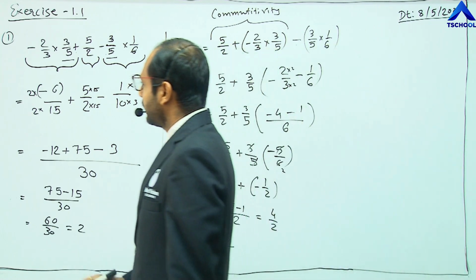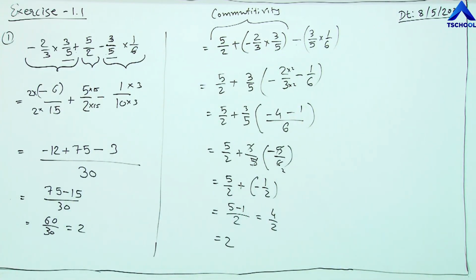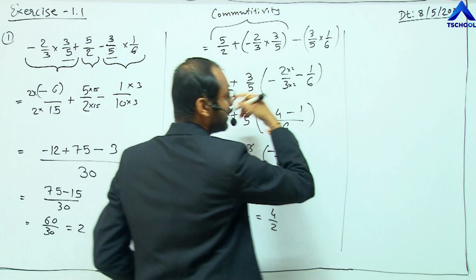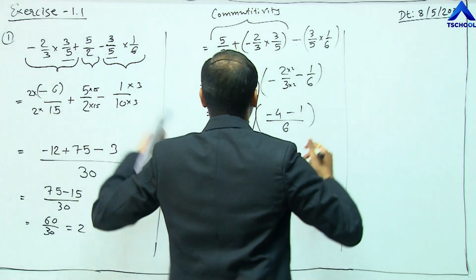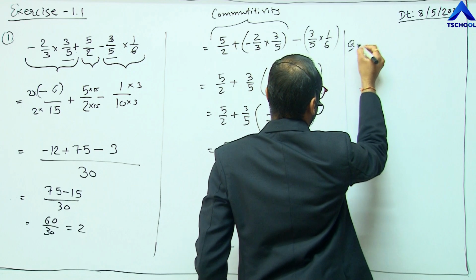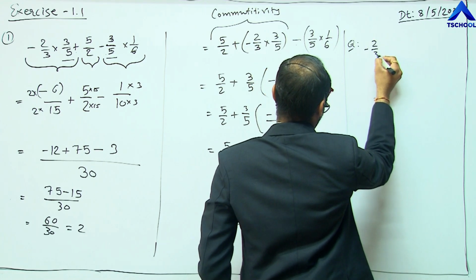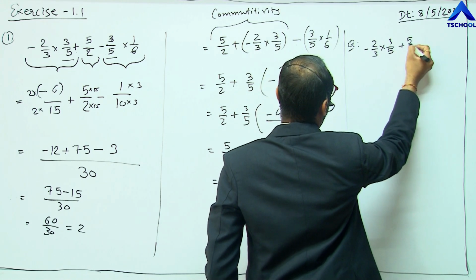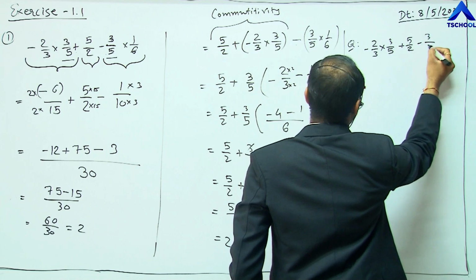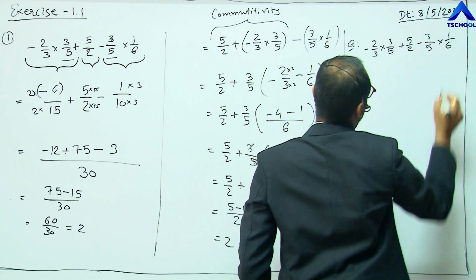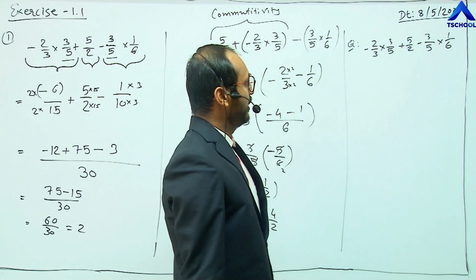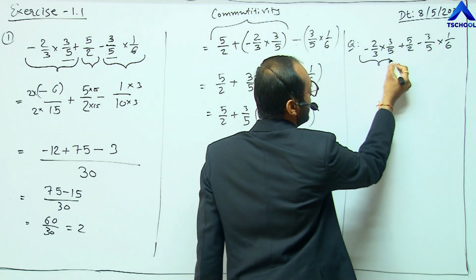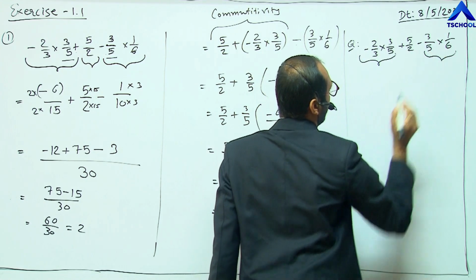And the third thing, which is very easy to solve here, is the third method to solve this. Let me write the same question, minus 2 by 3 into 3 by 5 plus 5 by 2 minus 3 by 5 into 1 by 6. Now let me simplify in a simple manner.